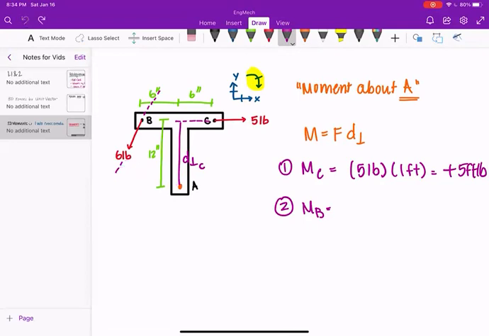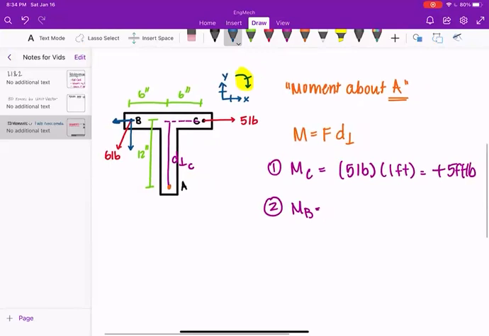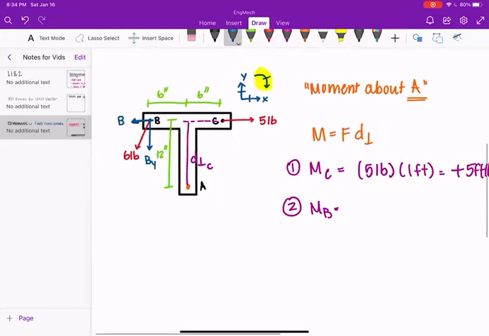But I could also break force B up into its two components. There's some part that's pulling it down and some part that's pulling it to the left. If I break it up into those components, it's a lot easier to find the perpendicular distances. So this is going to become Vy, and this is going to become Vx.